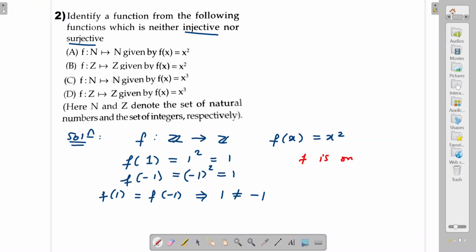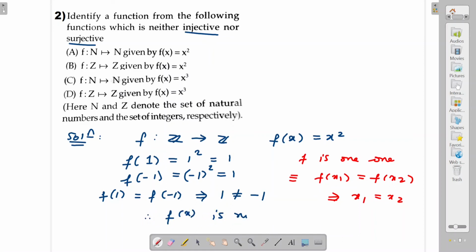F is 1-1 means f of x1 equal to f of x2 will imply x1 equal to x2. So we are getting f of x1 equal to f of x2, but we are not getting x1 equal to x2. So this is not a 1-1 function, so f(x) is not 1-1.